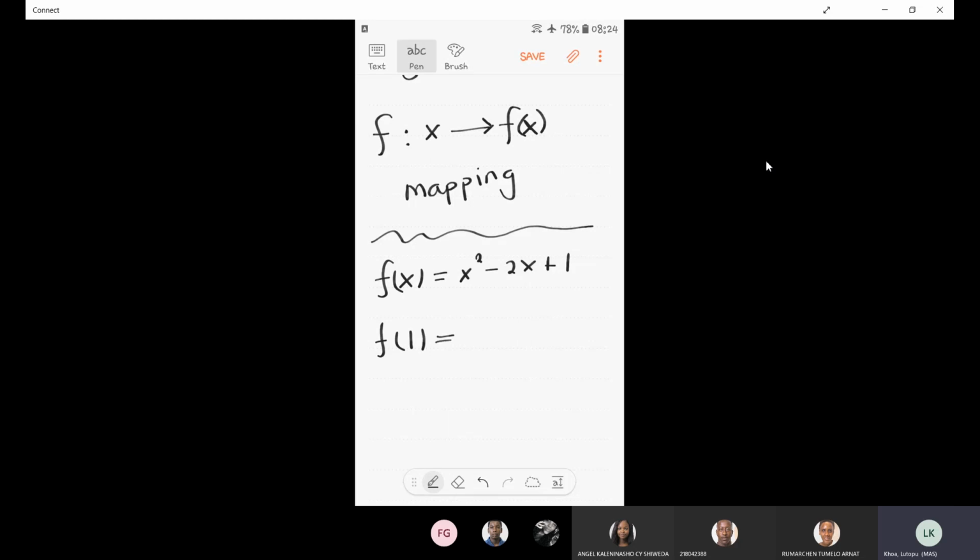So this is just equal to 1 squared minus 2 times 1 plus 1. So this you can do on your calculator. It's very simple. It's 1 minus 2, which is minus 1, plus 1, which is 0. Okay, so when I have an input of 1, my output is 0. That's what it means.